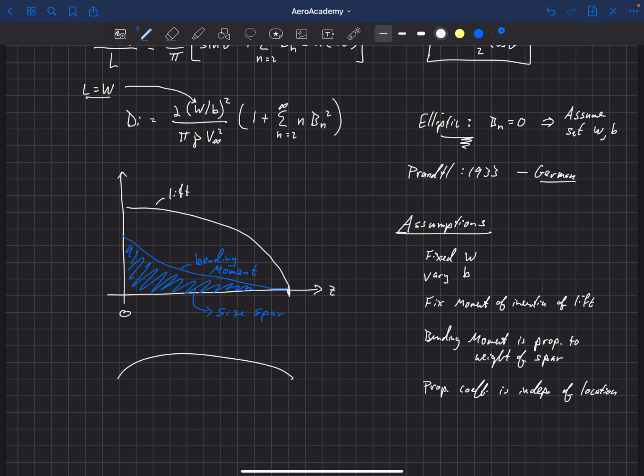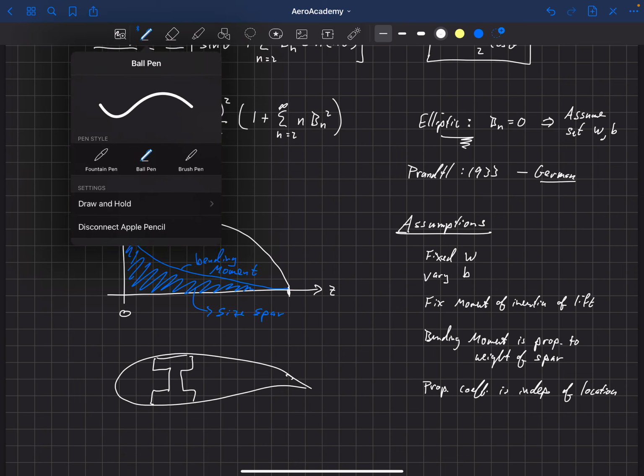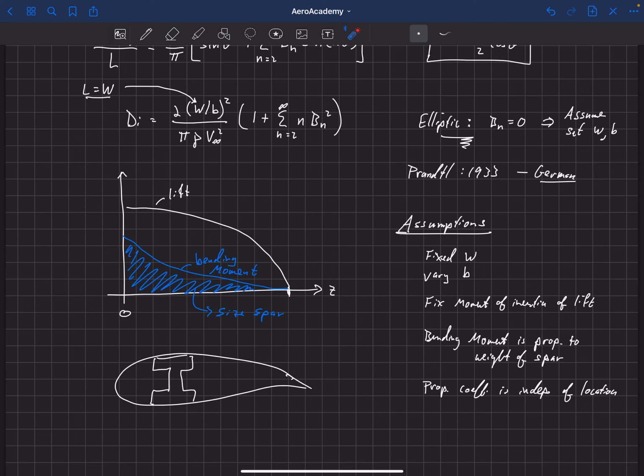So we've got a cross section of our wing, and let's use an I-beam spar to think about it for a second. Basically, we're saying that at any location we've got some bending moment that this section has to withstand, and so the bending moment is proportional to the weight of the spar, okay?